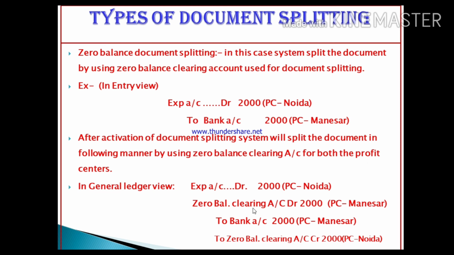Your zero balance clearing account will be debited for 2000 rupees for Profit Center Manesar, and your bank account will be credited for Profit Center Manesar, and your zero balance clearing account will be credited for the amount of 2000 for Profit Center Noida.